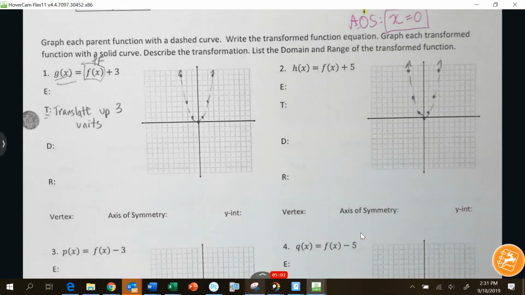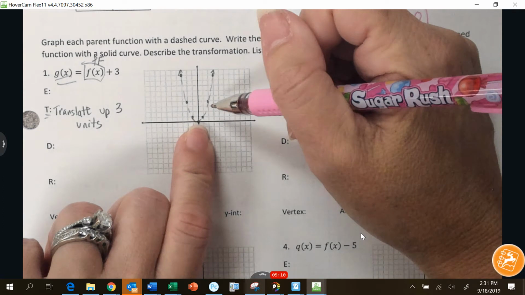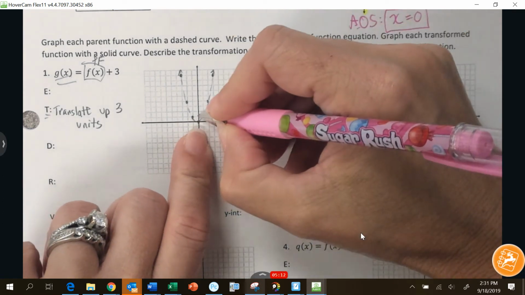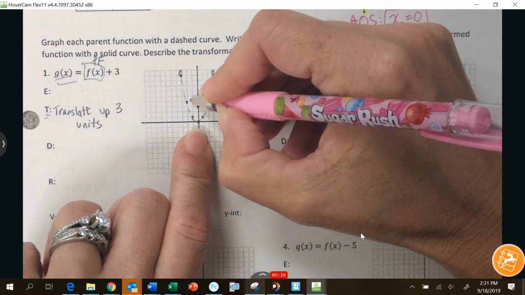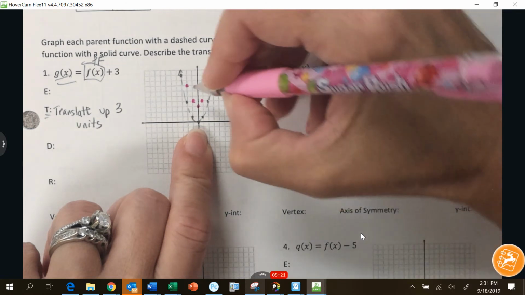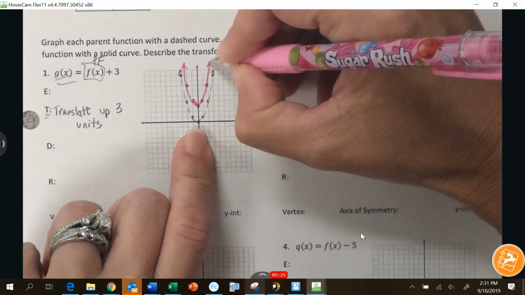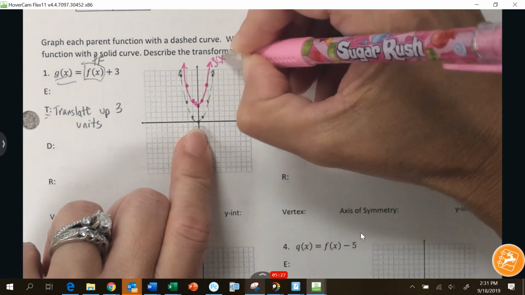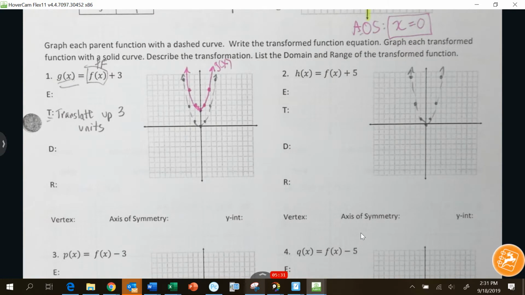And then we're going to take this function and we're going to move all the points up 3. So that will be our g of x function.